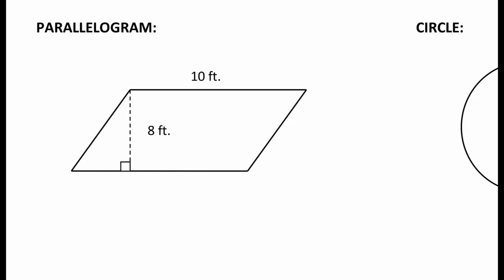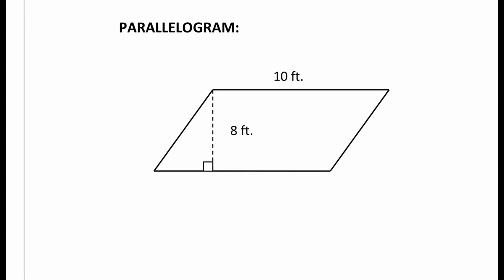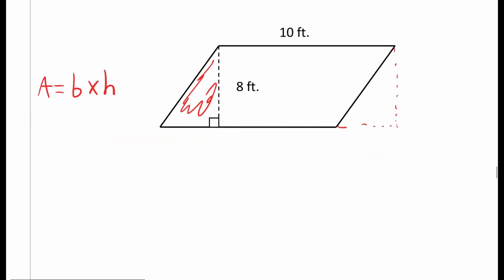For a parallelogram, we're going to be looking at area equals base times height. Now, if we took this portion here and we moved it over here, we would be creating a rectangle. So that's why we can use essentially the same formula that we use for a rectangle. Rectangle is length times width.